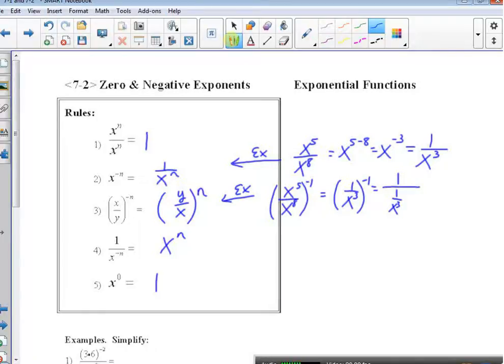Okay, now 1 over x cubed to the negative 1 is equal to 1 divided by 1 over x cubed. So here's the big dividing bar. There's the 1 from the numerator divided by 1 over x cubed.